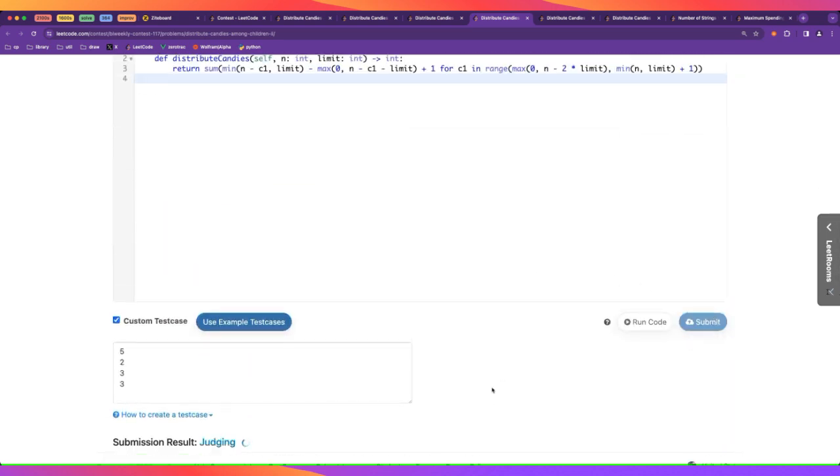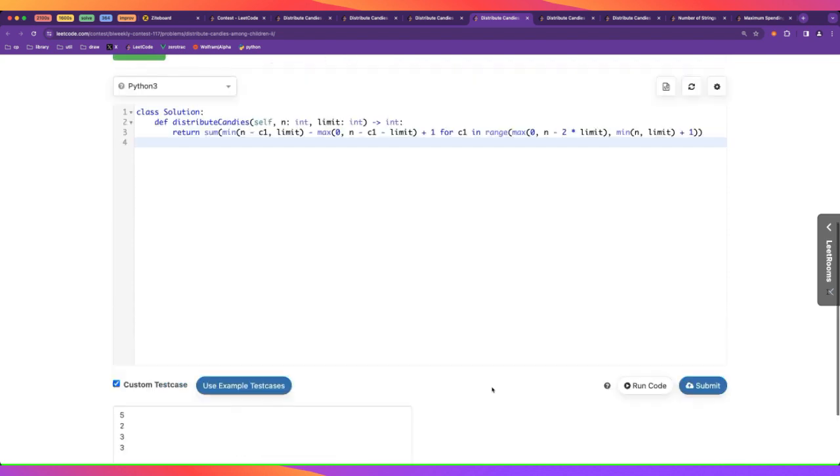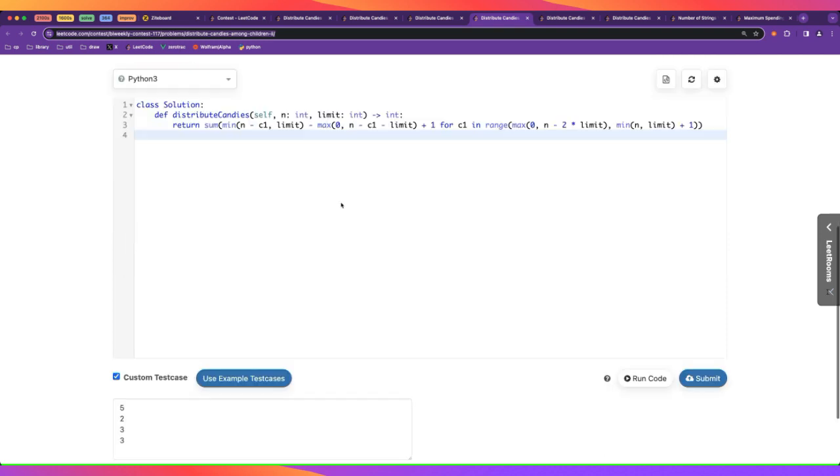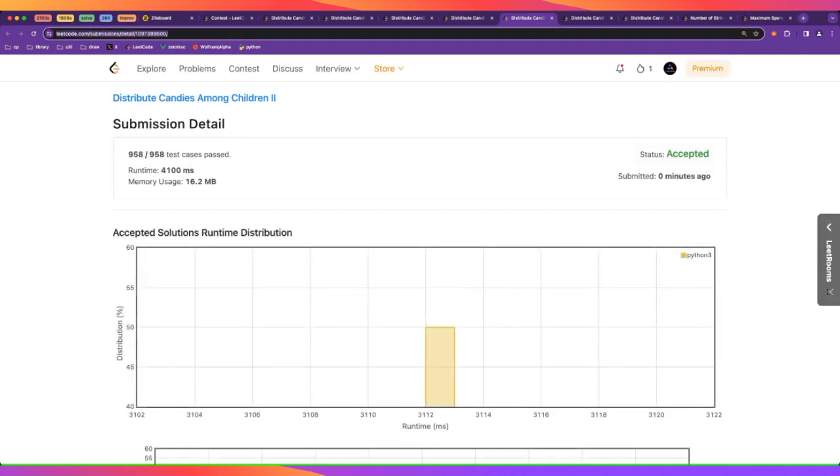And yes, this is a better way to do it because we are not going over invalid values of C1 and then filtering with an if statement, but going directly over all the valid ones. So let me give you this other submission as well.